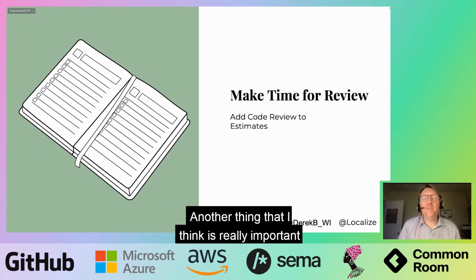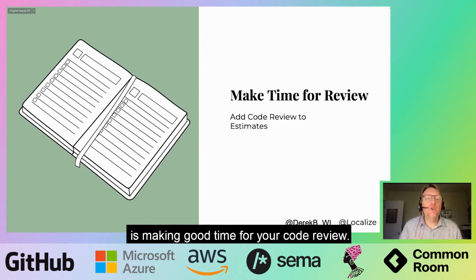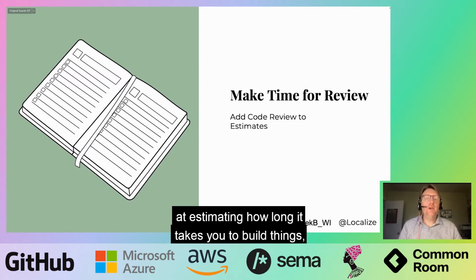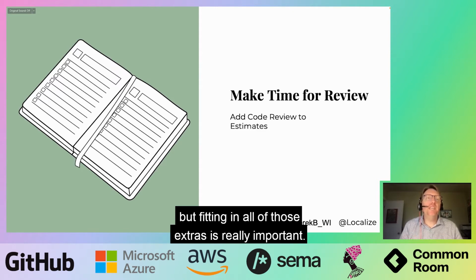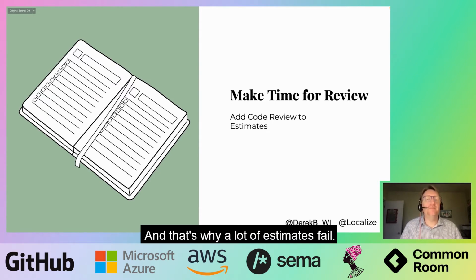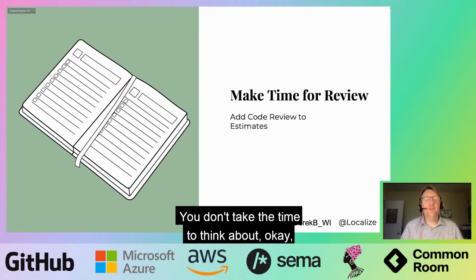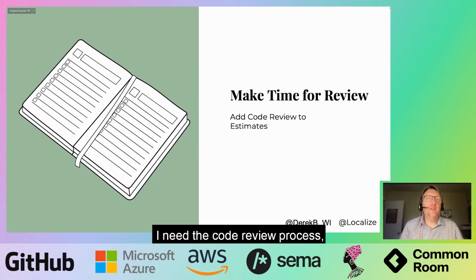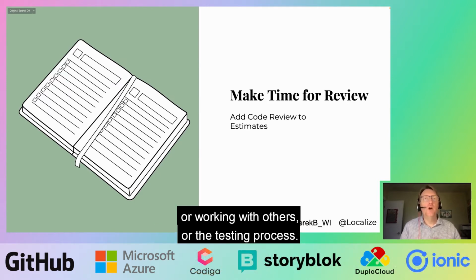Another thing that I think is really important is making good time for your code review. And as you grow through your career, you'll get better at estimating how long it takes you to build things. But fitting in all of those extras is really important. And that's why a lot of estimates fail. You don't take the time to think about, okay, I need the code review process or working with others or the testing process.